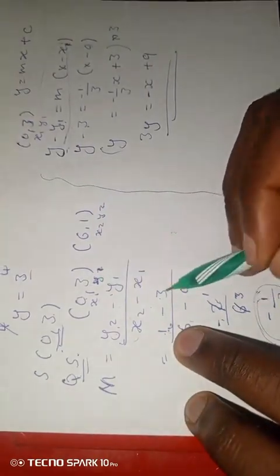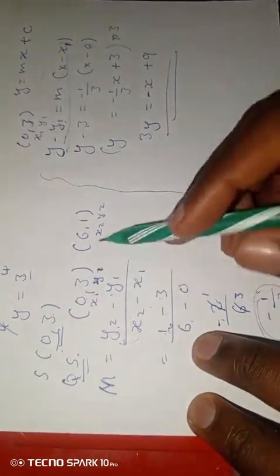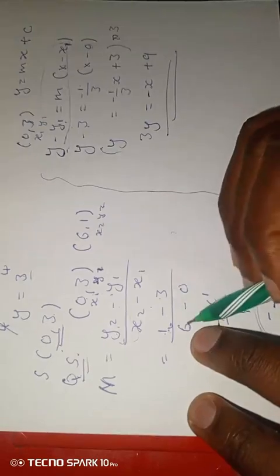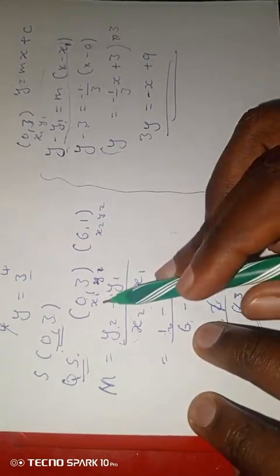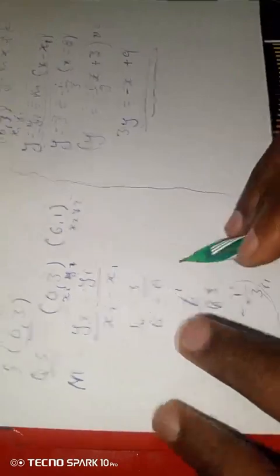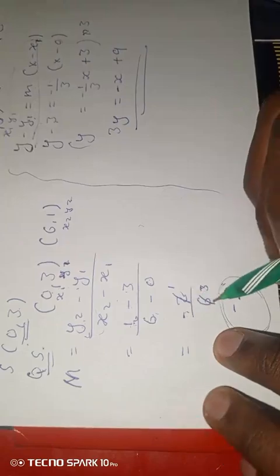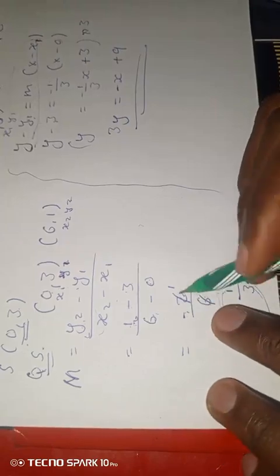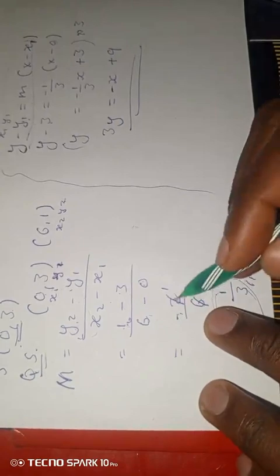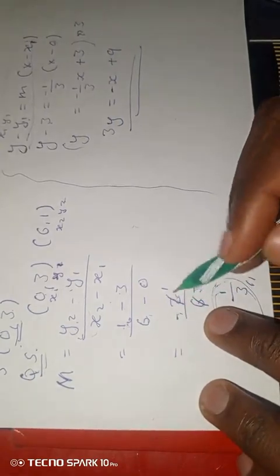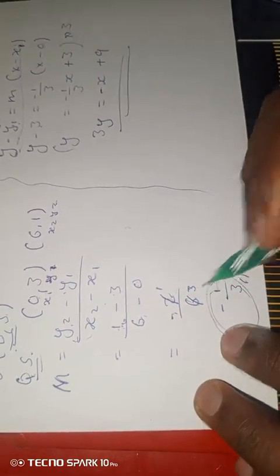Our y1 is 3, put 3 there. Our x2 is 6, put 6 there. Our x1 is 0, put 0 here. Then 1 minus 3 is negative 2 over 6 minus 0, which is just 6. We can still simplify this further. 2 into 2 is 1, 2 into 6 is 3. So then our gradient is negative 1 over 3.